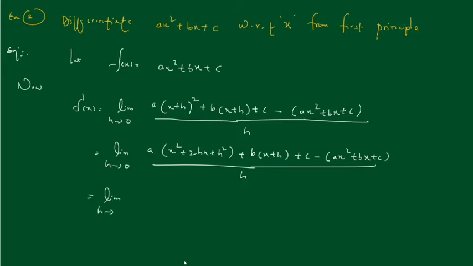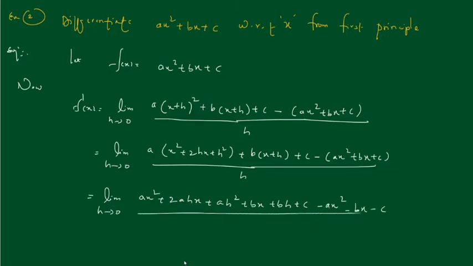So limit h tends to 0. Now multiply inside: ax square plus 2ahx plus ah square plus bx plus bh plus c minus ax square minus bx minus c, all divided by h.